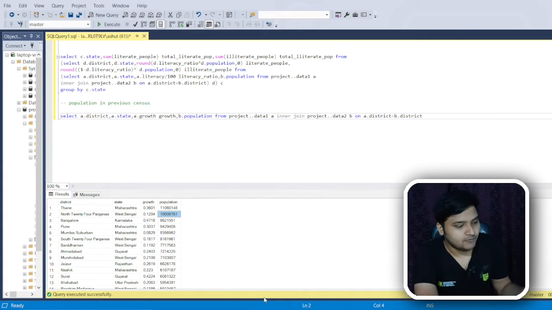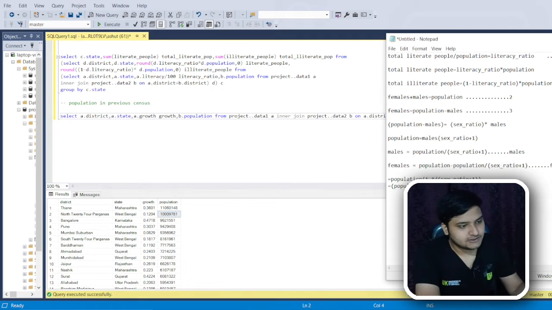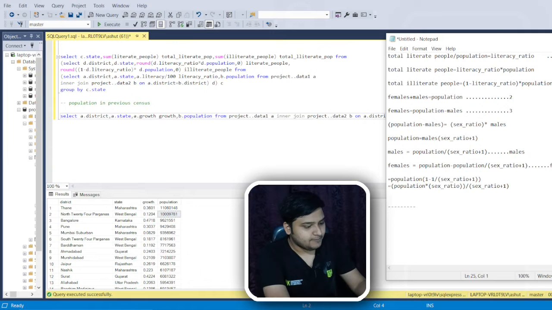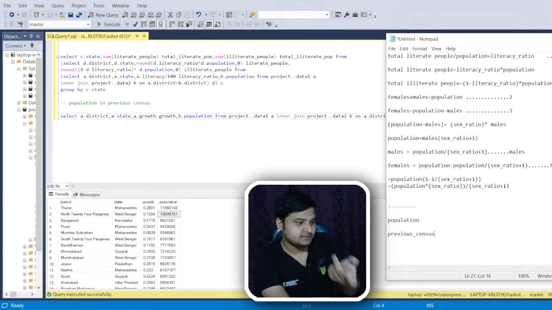Let us look, we'll do some statistical analysis here also. So we have the population for this census. Let us say I would define the population for the previous census with this variable, so I'll be using previous census here. What would be the population for this census?